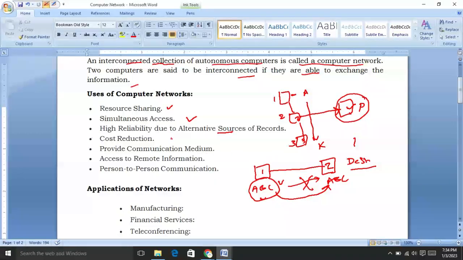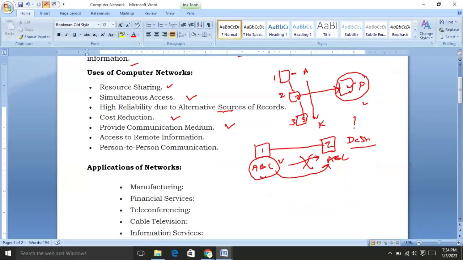Next is cost reduction. In our previous example, we explained that installing a separate printer for each and every system is expensive. So for all the systems within the network, we keep one printer, and we reduce the cost. The next use of the network is to provide a communication medium.